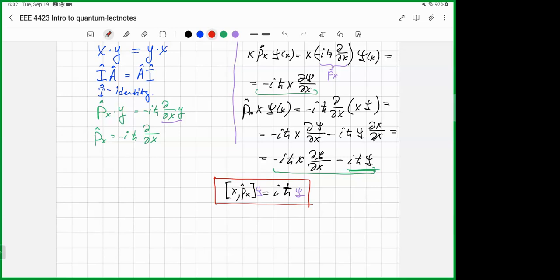The fact that the coordinate x and the momentum px cannot be measured at the same time with precise accuracy is expressed in the fact that the corresponding operators don't commute. The commutator is equal to i h bar.